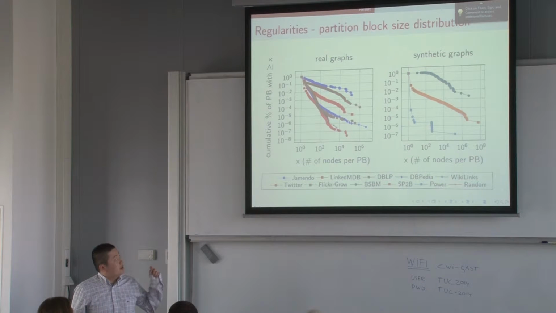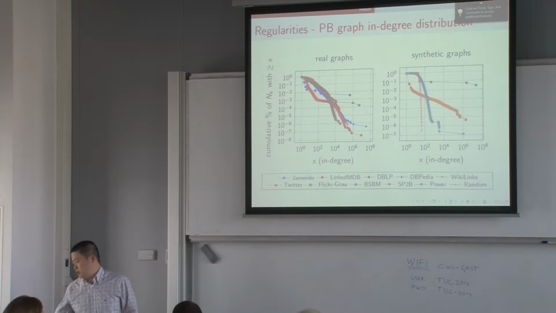One of the data sets only has 1 point on the plot. As you can see, maybe only the SP2B data generator has a power-law-like distribution. But even SP2B fails in some other cases to look like a power law distribution.